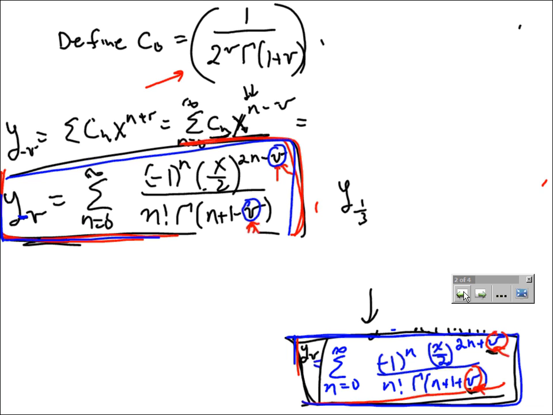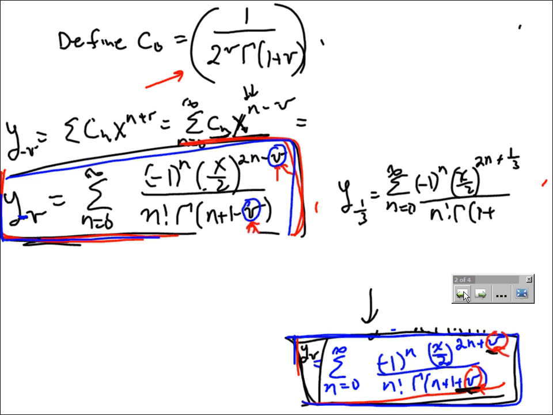So Y sub 1/3 is just the summation, n goes from 0 to infinity, of (-1) to the n times (x over 2) to the 2n plus a third, divided by n factorial times gamma of n plus 1 plus a third. Well, 1 plus a third is 4/3. And that's Y sub a third. Nothing was hard there. Absolutely nothing was hard.